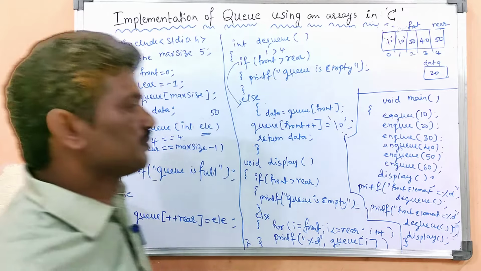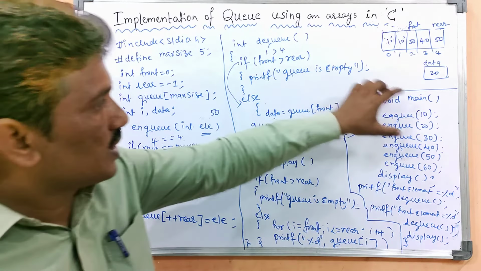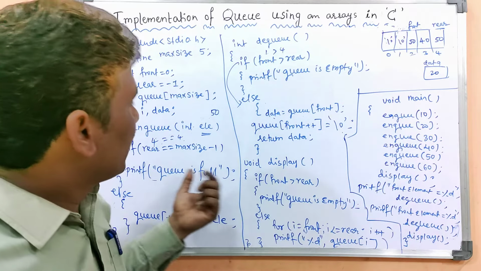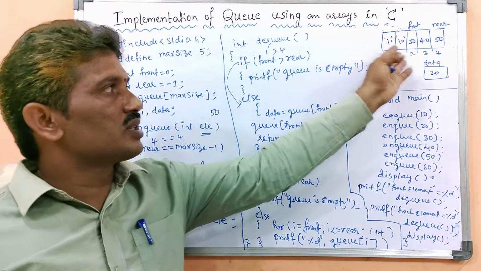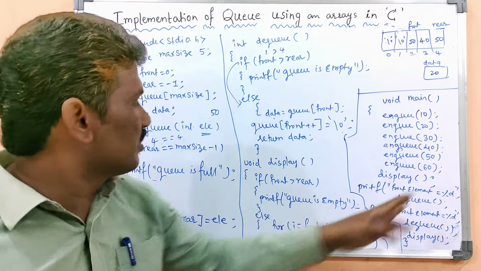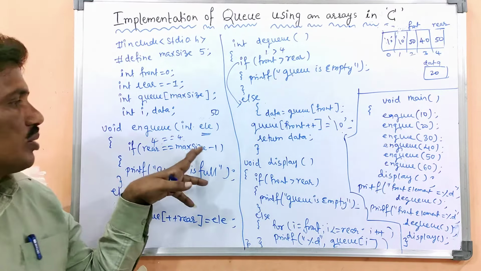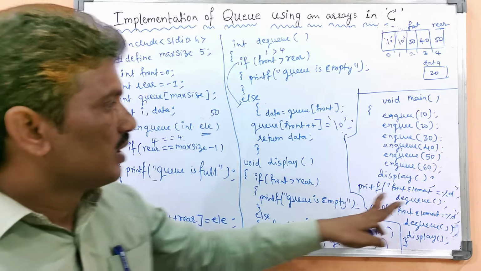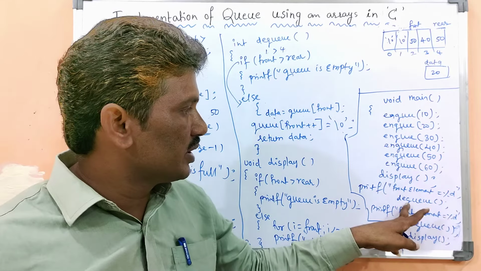Okay, I called enqueue 6 times; for 5 calls those elements will be stored in the queue. Then enqueue 60, at that time rear equals max, my condition returns true, and the message queue is full will be displayed. Then front element equal %d, then dequeue.